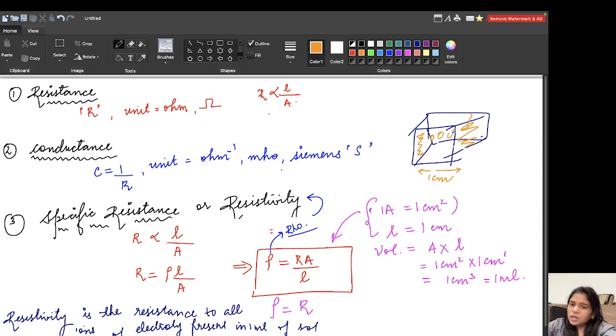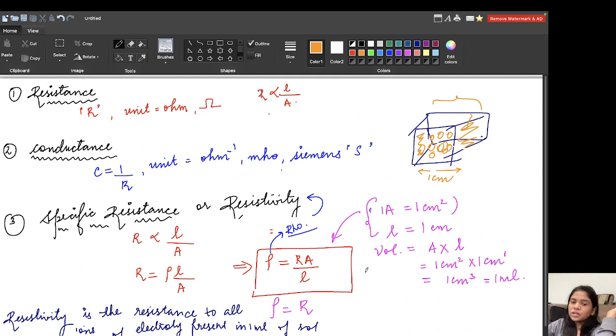So whatever ions are present in this 1 ml volume, whatever resistance those ions are facing, that is called your resistivity, or specific resistance, represented by rho.